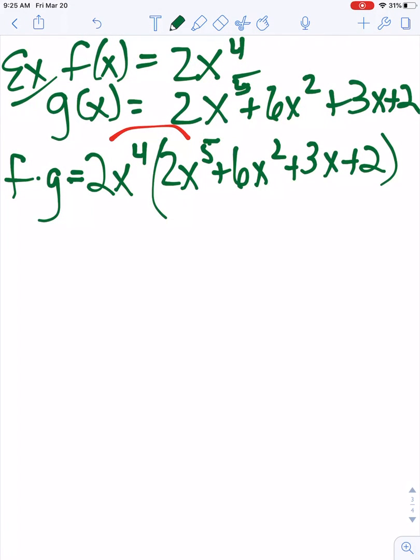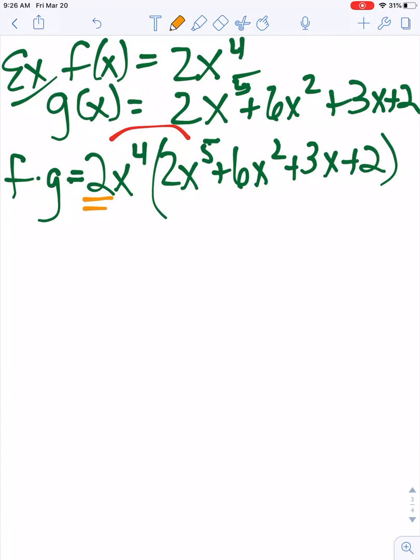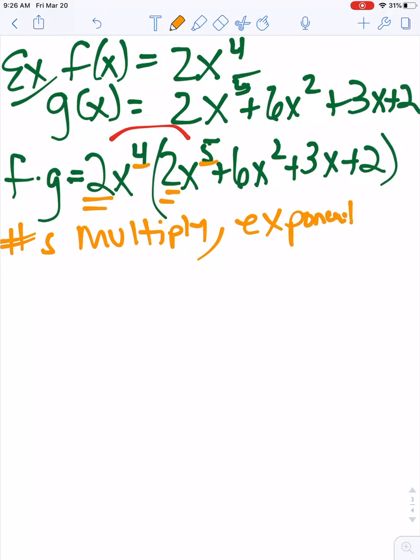Otherwise, I know myself, I would forget. You as students might also. So if we're distributing in that 2x to the 4th, the nice part about this is that your coefficients, your numbers, multiply, but your exponents add.